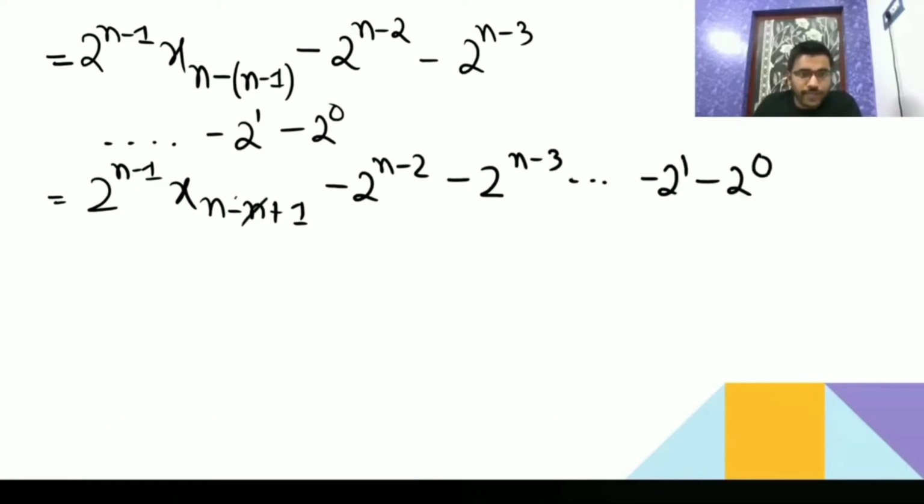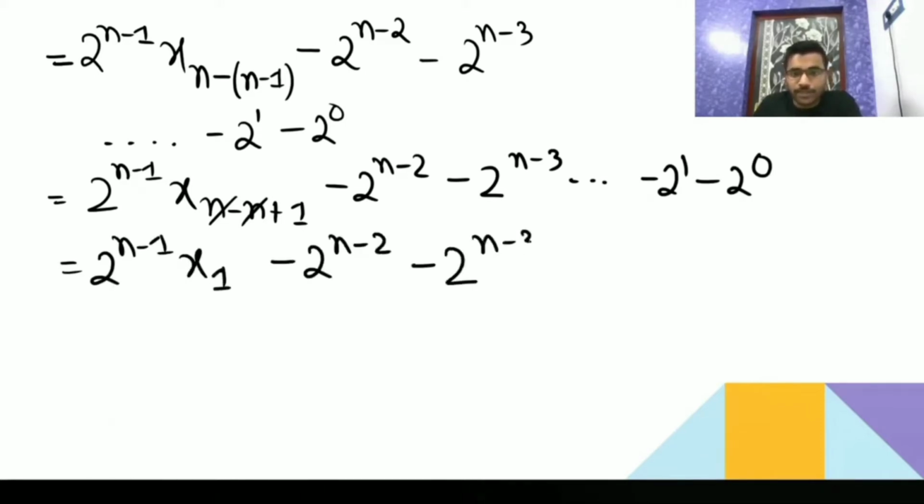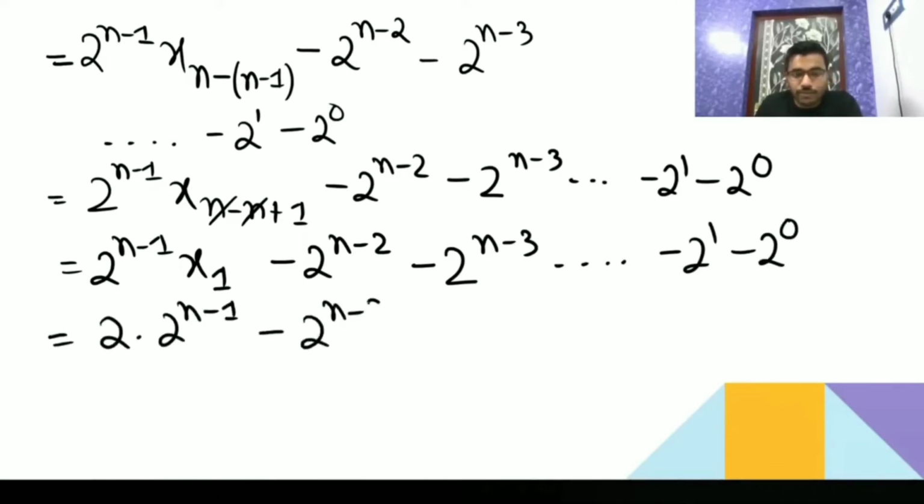So you will cancel this. You are going to get 2^{n-1} x_1 minus 2^{n-2} minus 2^{n-3}, like this, minus 2 to the power 1 minus 2 to the power 0, then x_1 is 2, so you are getting 2 into 2^{n-1} minus 2^{n-2}. See, I am doing it step by step so that you don't make any mistake.